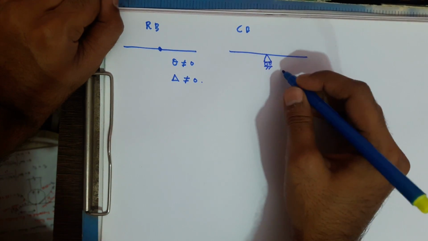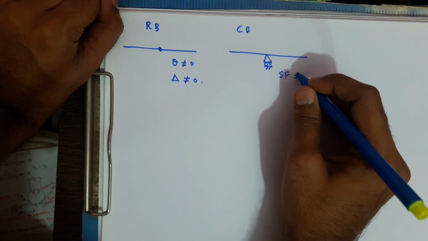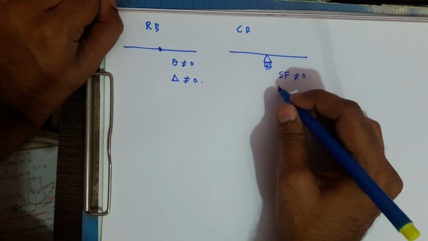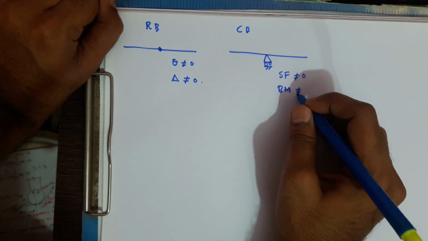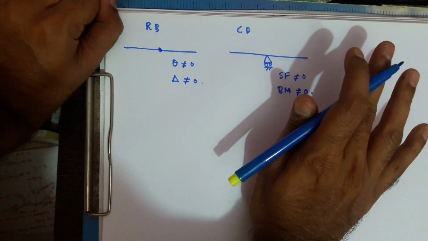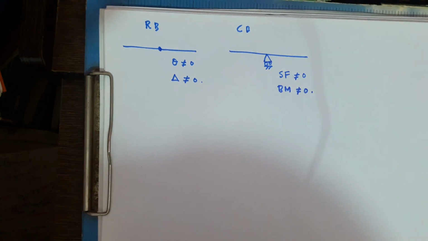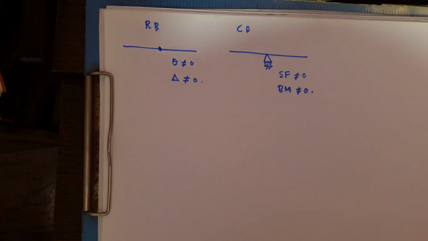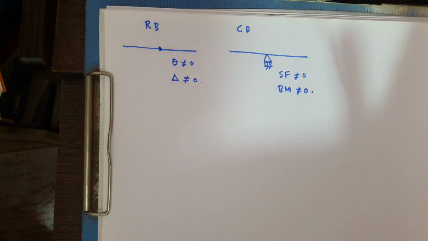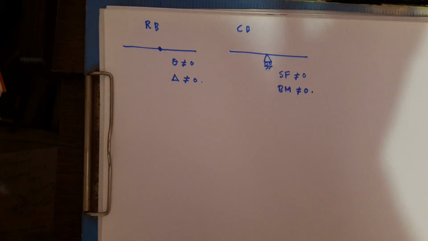At an intermediate support, shear force is not equal to 0 and bending moment is not equal to 0. So these are the boundary conditions that we have to apply when we are converting a real beam into a conjugate beam.